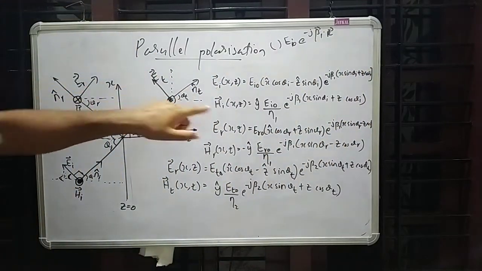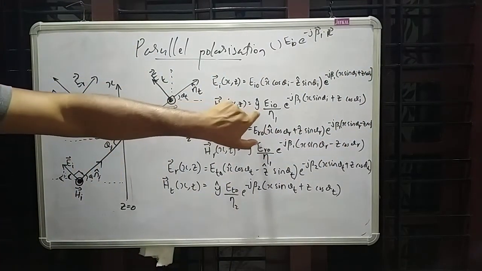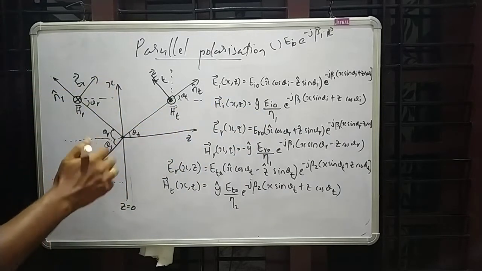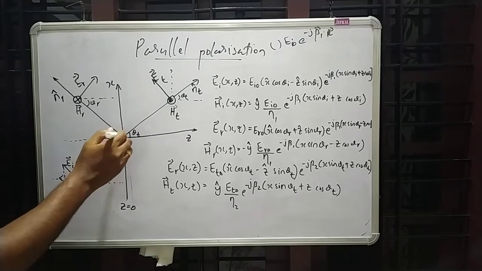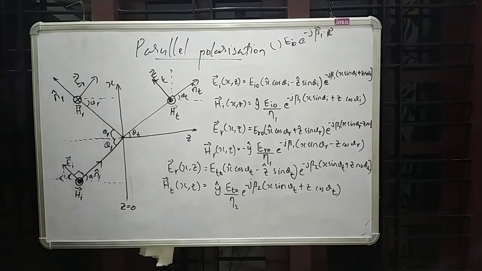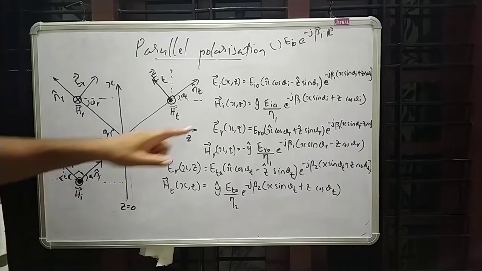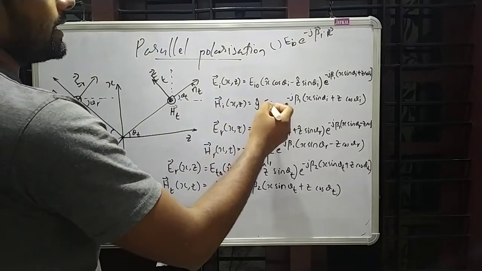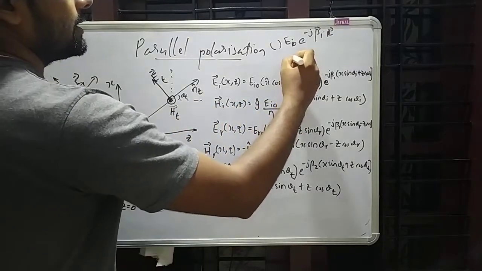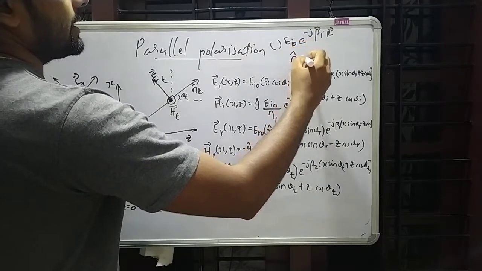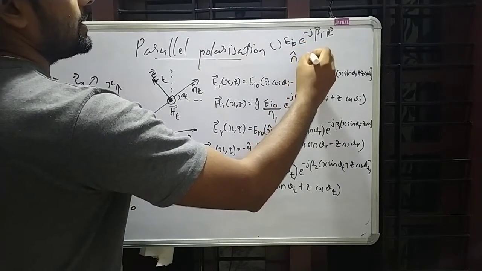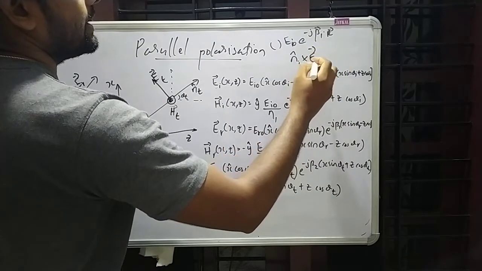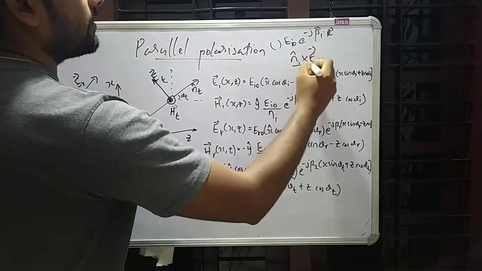The magnetic field is in the direction of y cap. This is z cap, this is x cap, and this is y cap, perpendicular to both the z and x axes. So the direction of the magnetic field is y cap, and its magnitude is E_i0 by eta 1, that is N_i cap cross E_i divided by eta 1.